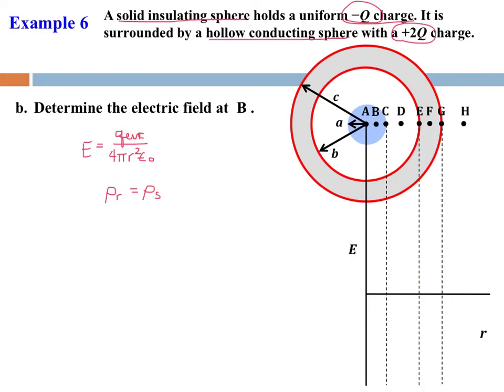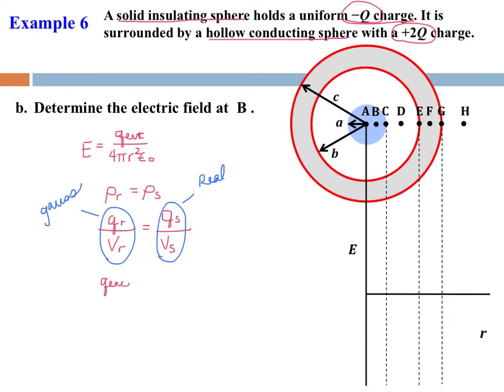So that means the charge on the surface over the volume of that surface is equal to the charge on the actual sphere over its volume. Again, one set is Gaussian and the other is the actual sphere. Q enclosed is our charge over the Gaussian surface.